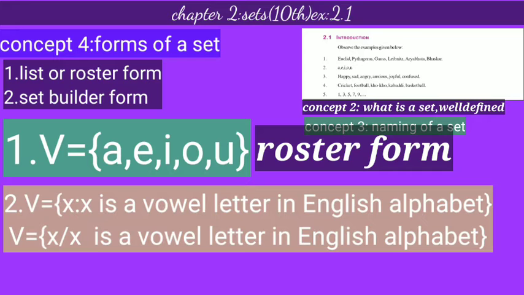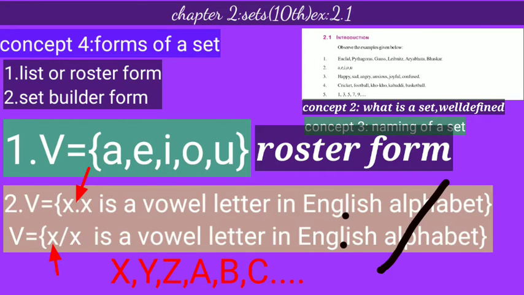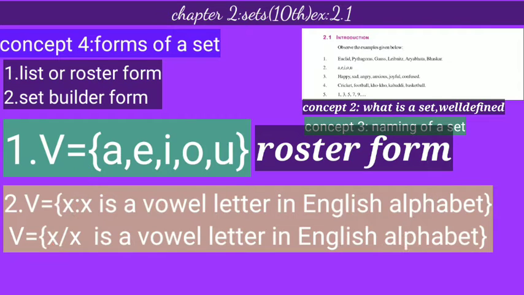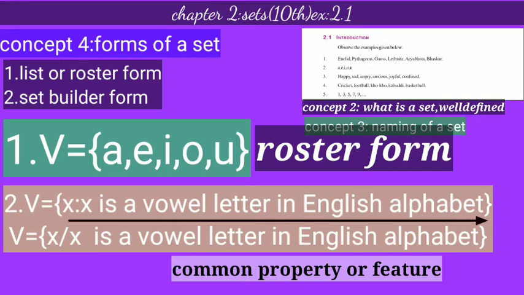In this way of writing, we use a symbol x or any other letter from the English alphabet. This is followed by a colon or vertical line, after which we write the common characteristic property possessed by all the elements in that set. This way of writing is known as set builder form.